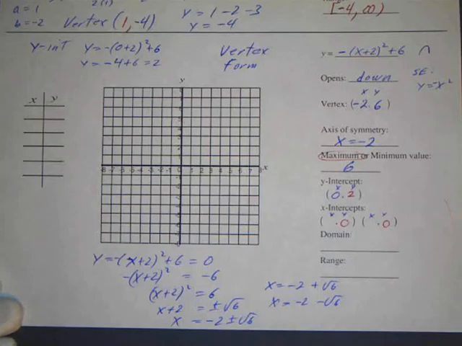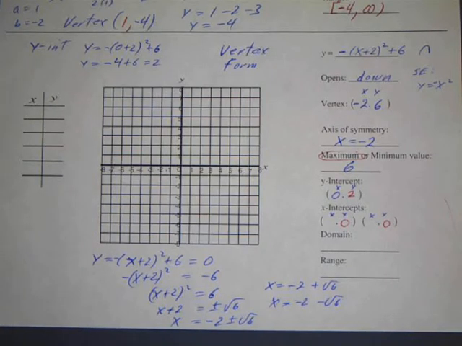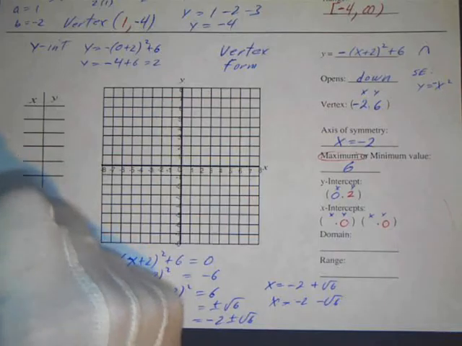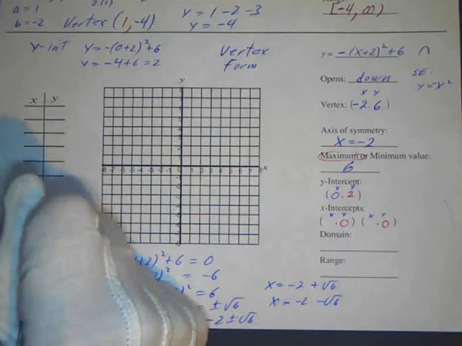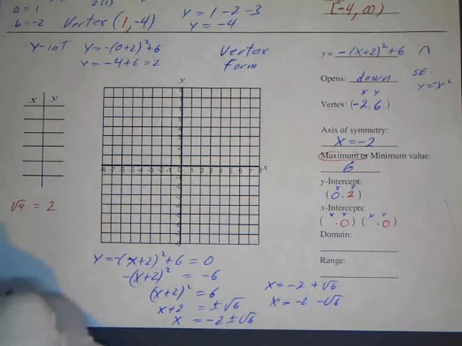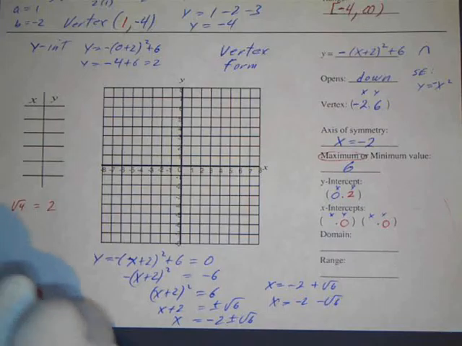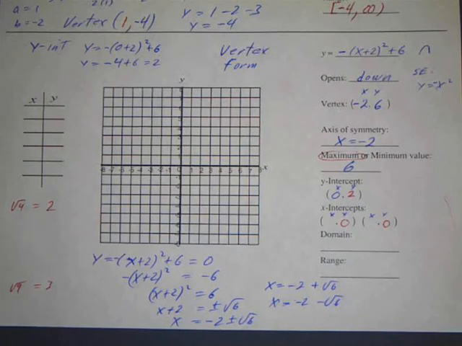All right, so this is where it gets fun, because what's the square root of 6? So we talked about this before. We do a kind of interpolating. We know that the square root of 4 equals 2, and the square root of 9 equals 3. So how can we find the square root of 6?